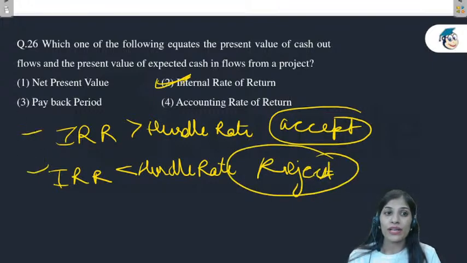So it equates, right? Clear? So option number 2 is the answer.